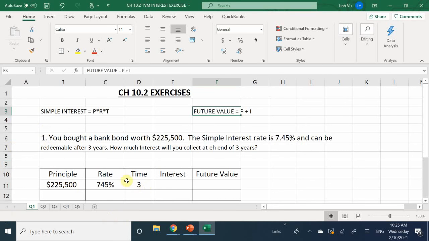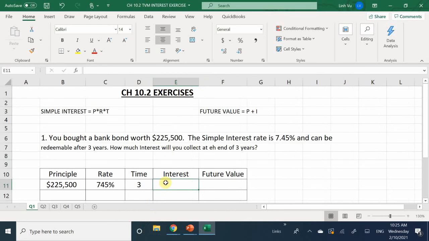So in this case, I have it readily available in the little tables. So my interest that I can collect here, what's the formula for my interest? Principal times rate times time.